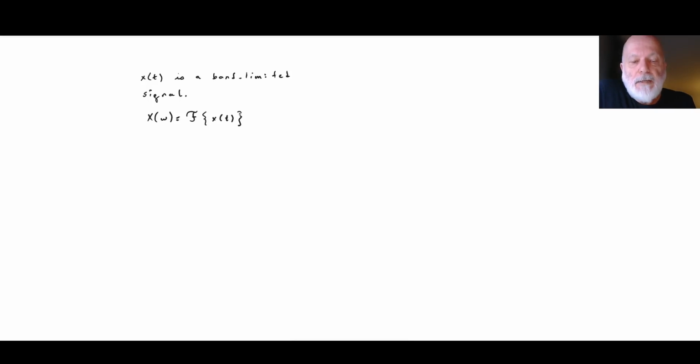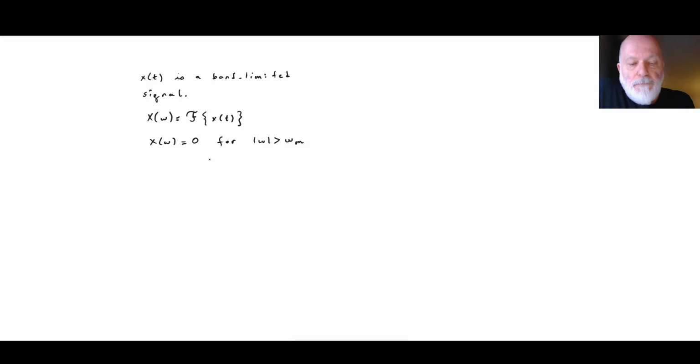and the word band-limited implies that X of omega is equal to 0 for magnitude omega greater than omega m. In other words, for omega greater than omega m and omega less than minus omega m.